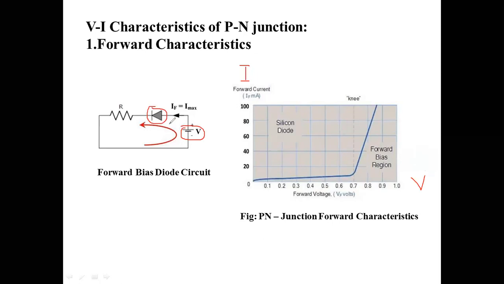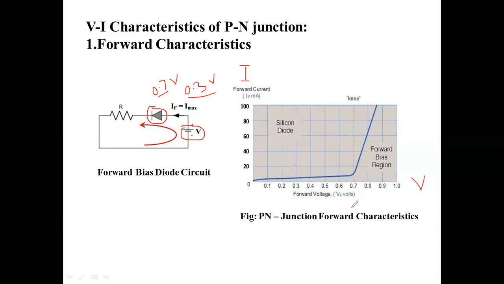You can say it is the minimum voltage required to turn on the diode. For silicon it is 0.7 volt, and for germanium it is 0.3 volt. If the diode is a silicon diode, then 0.7 volt is required, and if the material is germanium, then it is 0.3 volt.